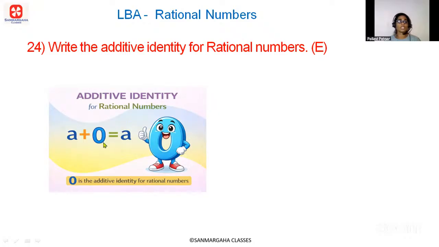So 0 is called the additive identity. This property holds true for rational numbers, integers, whole numbers and natural numbers. So the additive identity for rational numbers is 0.